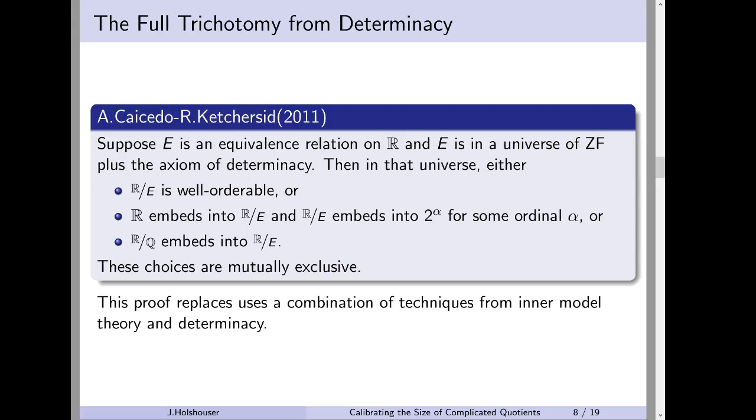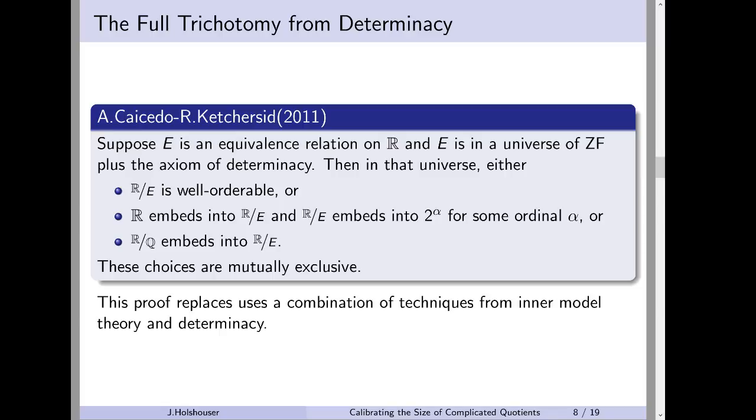All right, if we're going to play with AD, might as well play fully. This is a result from Hjorth and Ketchersid in 2011. Right? Just drop the Suslin bit of it, and you get the full trichotomy back with a loss of precision. You no longer need to say it shows up in some kappa, you just say it's well orderable, period.